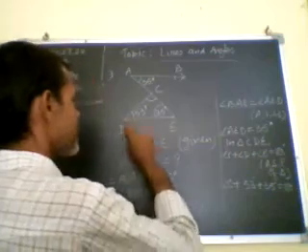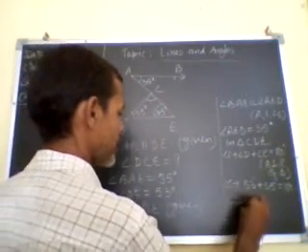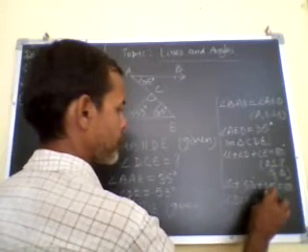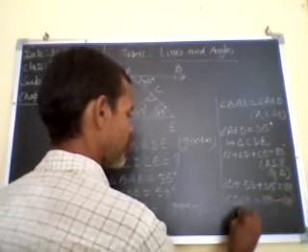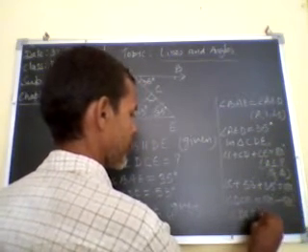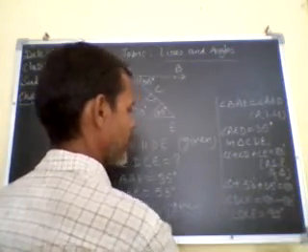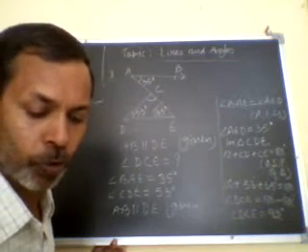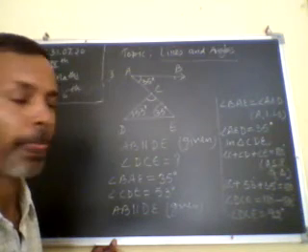C means DCE. So angle DCE equals 180 minus, 53 plus 35 is 88, so angle DCE is 180 minus 88, it means 92 degree. So the unknown angle DCE is 92 degree.